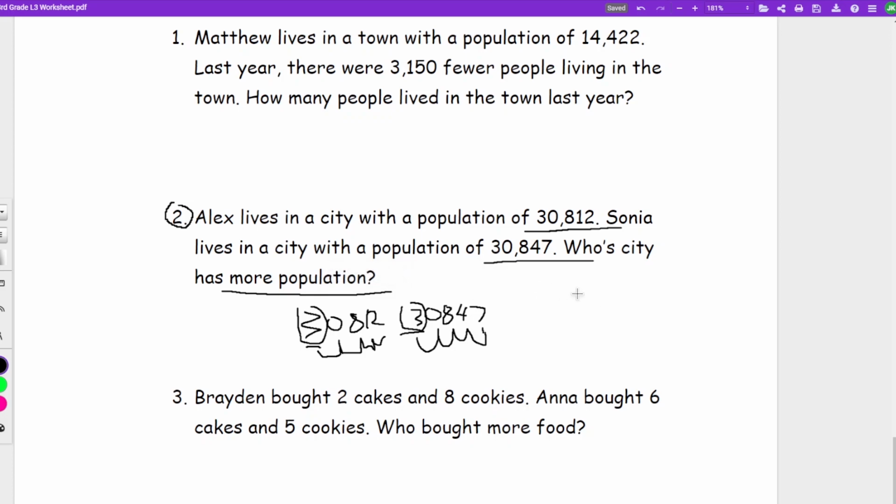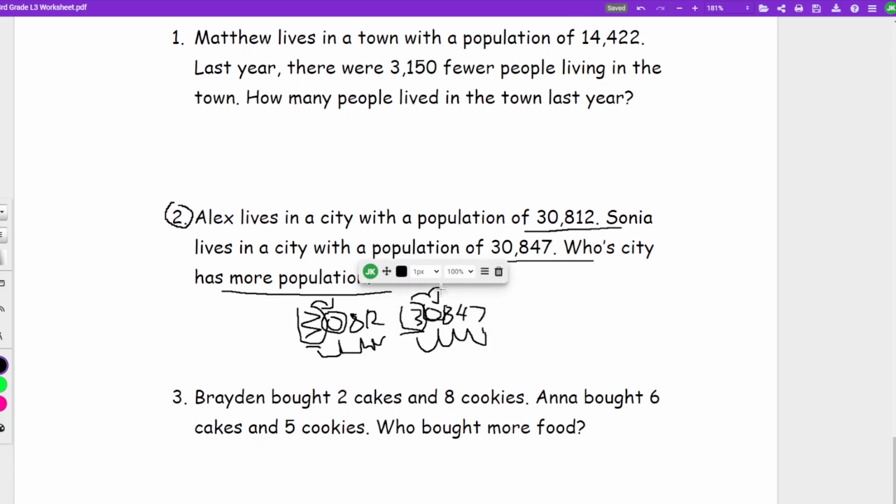So what's greater, 3 or 3? Well, actually, they're the same. But does that mean these numbers are the same? No. If these numbers are the same, we have to look at the next number. And the next number is 0 and 0. Well, these numbers are also the same. So what we have to do is look at the number after 0.